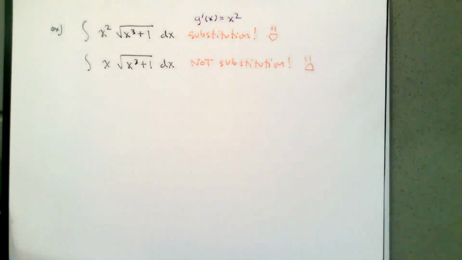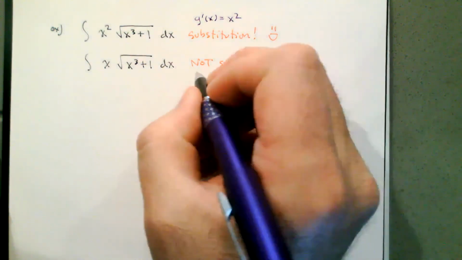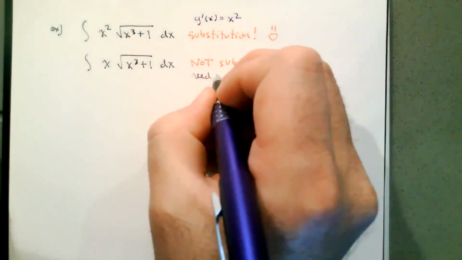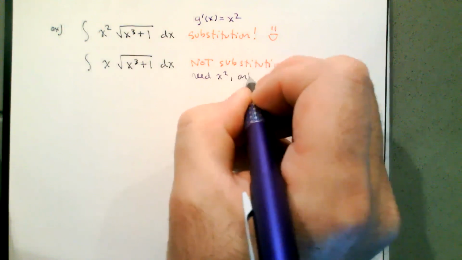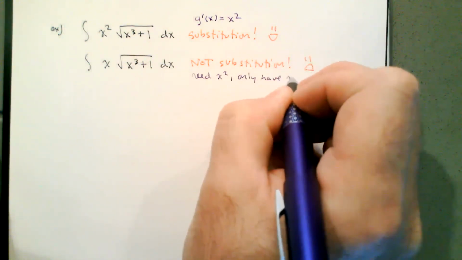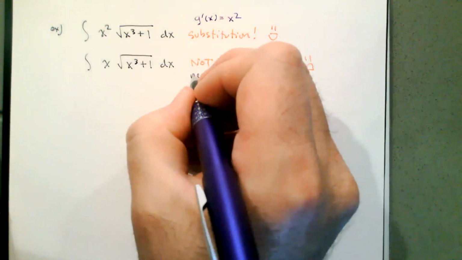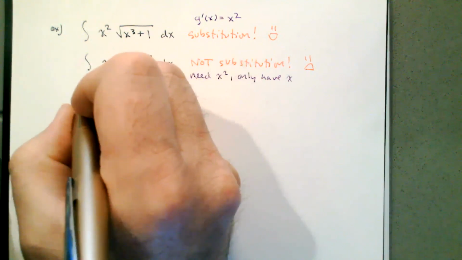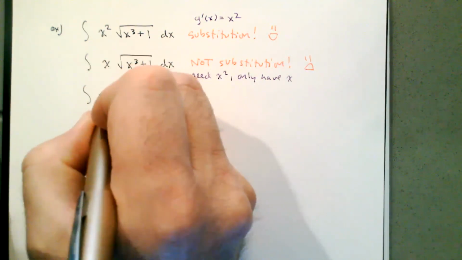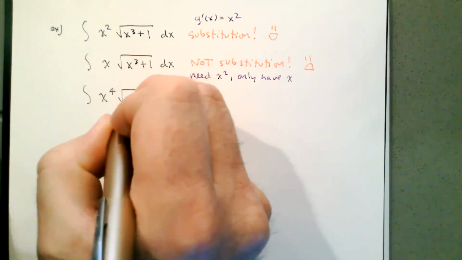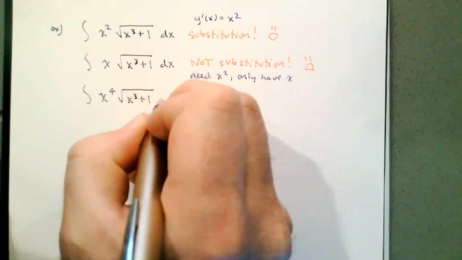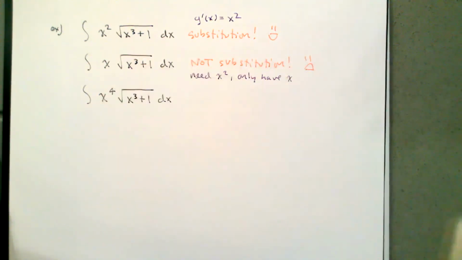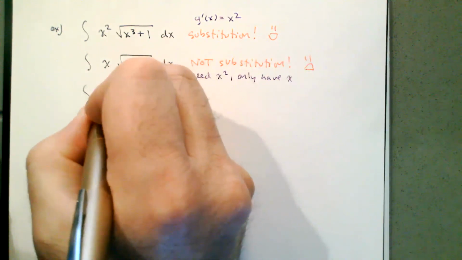I need x squared, but only have x. If we go the other way with it, no, that's a bad direction to go. I mean, it's the right direction, but I didn't go far enough.